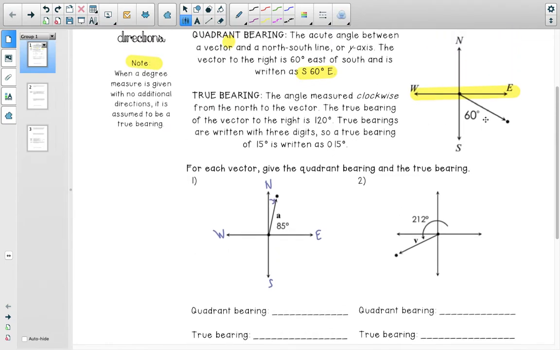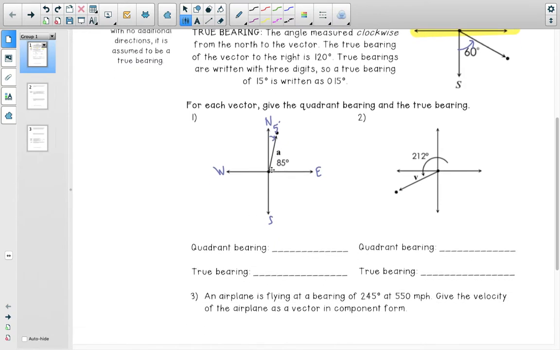Every quadrant is 90 degrees, so there's 5 degrees here. If it's on the top 2 quadrants, it's coming off the north, and if it's on the bottom, you use south. So it's north, then 5 degrees, and it's on the east side.